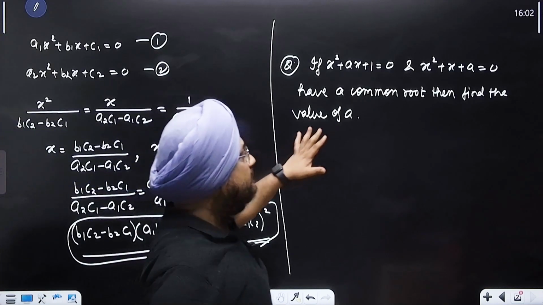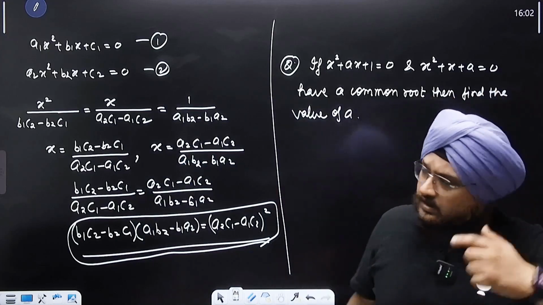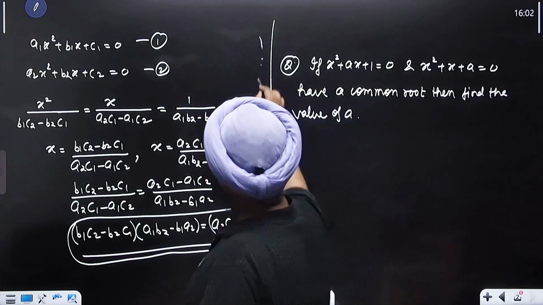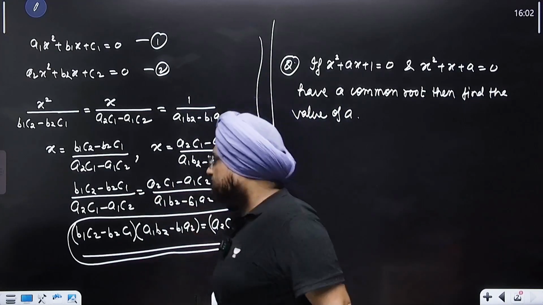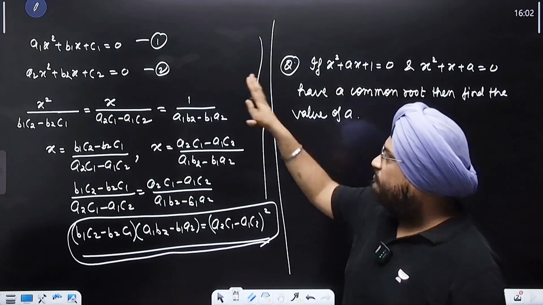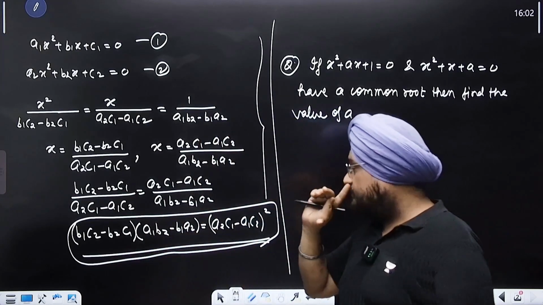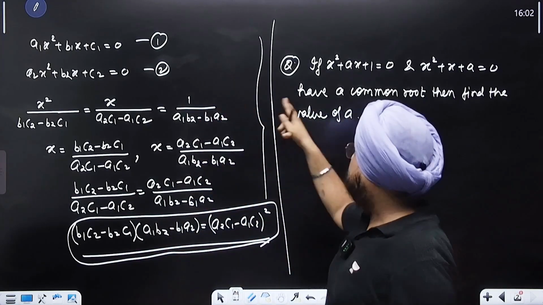So either we can use the condition or we can use the method from the proof from which we have derived the condition. We can use this also.